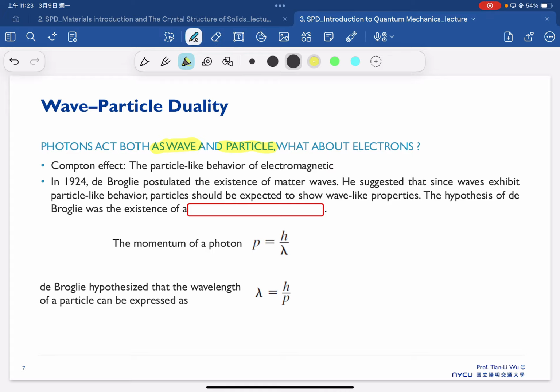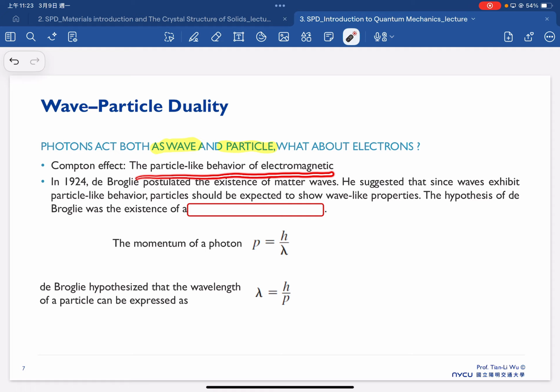We have the Compton effect that demonstrates the particle-like behavior of electromagnetic waves. In 1924, de Broglie assumed the existence of a matter wave. He suggested that since a wave exhibits particle-like behavior, particles should be expected to show wave-like properties. The hypothesis of de Broglie was the existence of wave-particle duality.